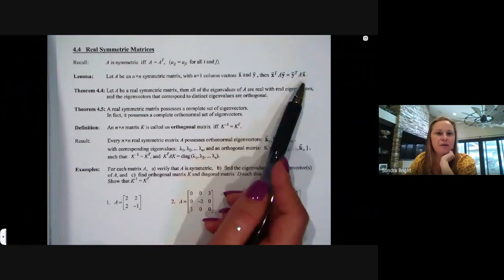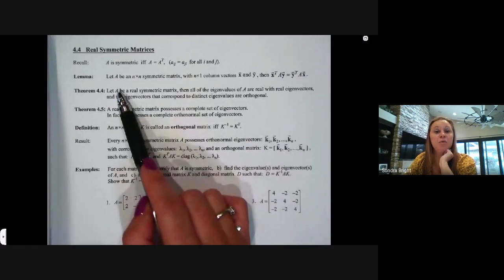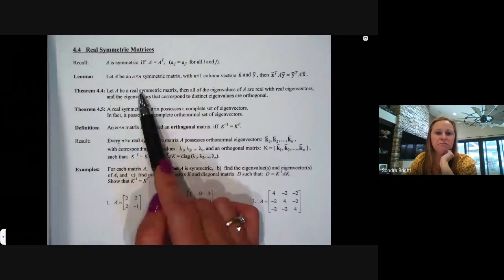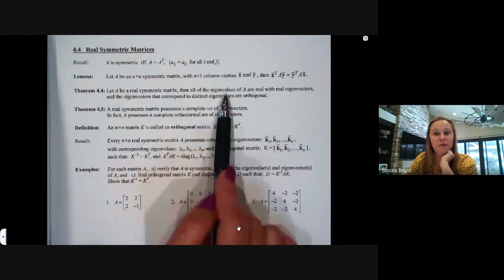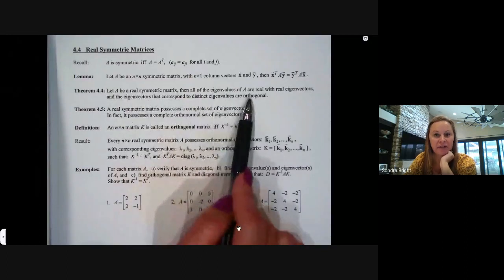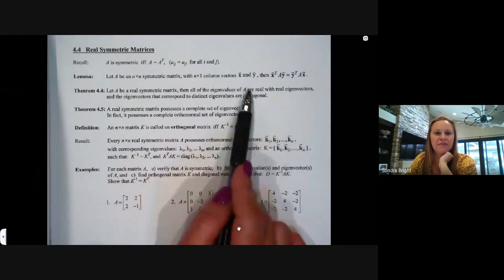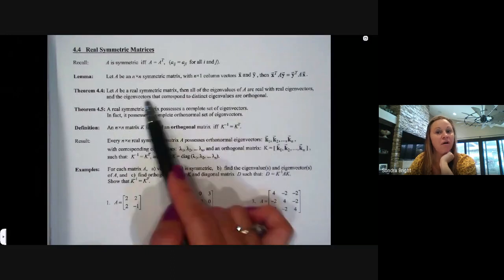And then we have a theorem that says let A be a real symmetric matrix, so it's symmetric with all real numbers in there. Then all of the eigenvalues of A are real with real eigenvectors, and the eigenvectors that correspond to distinct eigenvalues are orthogonal.